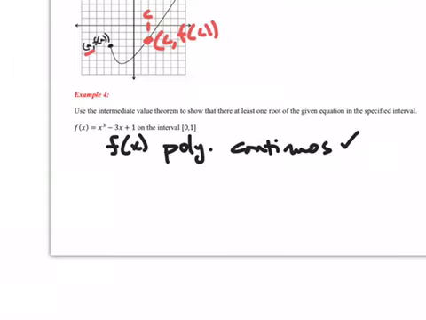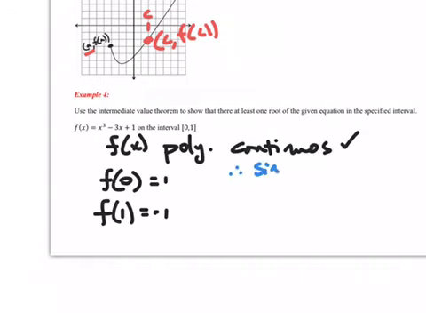It's continuous. Well, f of 0, if I plug in 0, I get 1. F of 1 is actually negative 1. Therefore, since f is continuous, I would write all this out, but I don't have enough space.